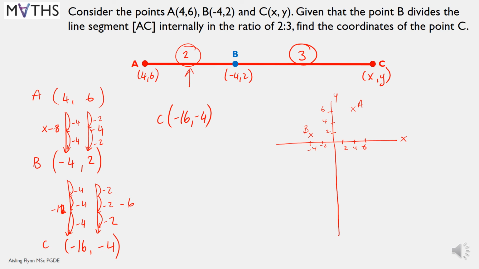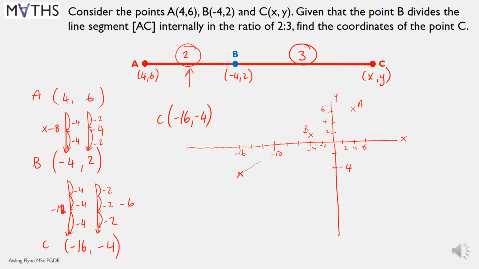That's B. And point C, I'll have to extend this a good bit, -6, -8, -10, -12, -14, -16, -4. Okay, not to scale, of course. So point C was -16, -4, which ends up down here.